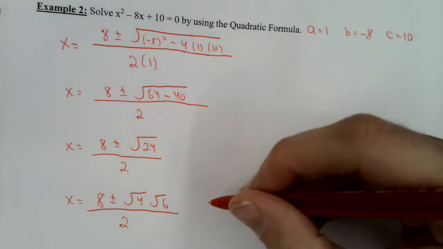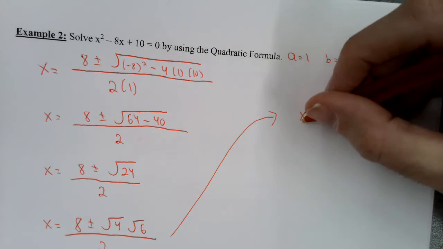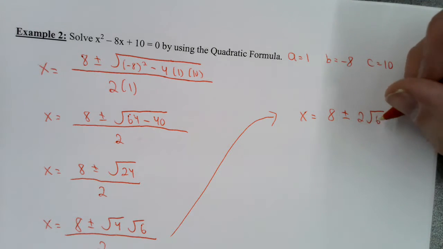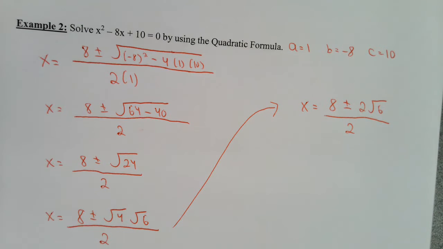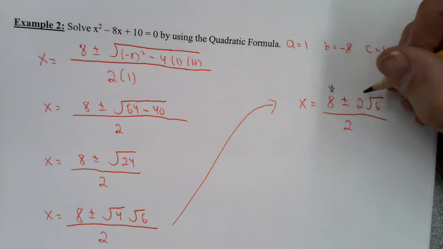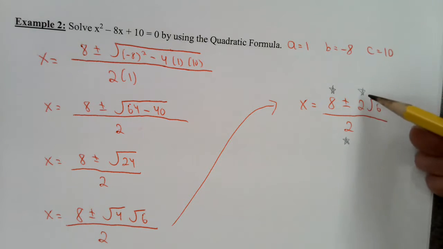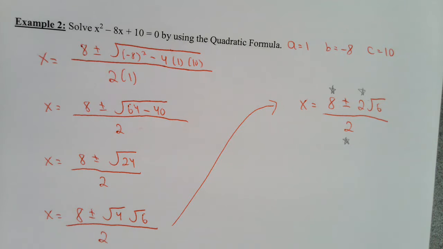Simplify the square root of 4. Finish that up here into 2. And now, if this number with the star, and that number with the star, and that number with the star, if those three numbers all have a common factor, you're going to divide by that common factor.